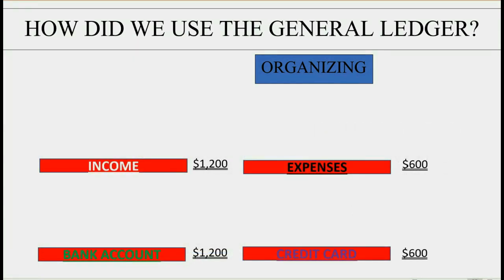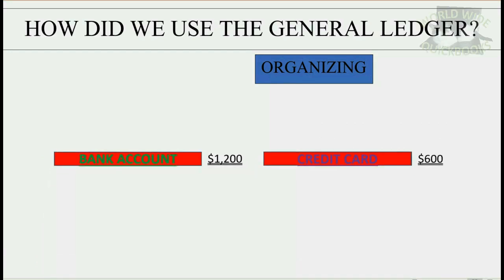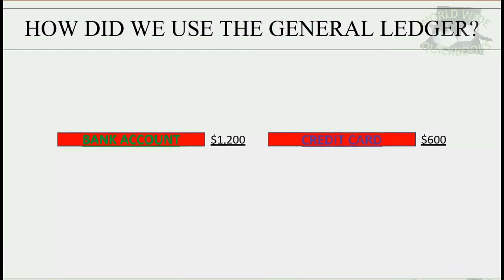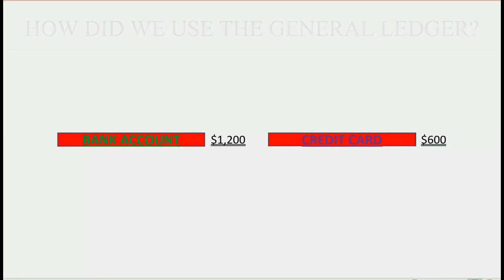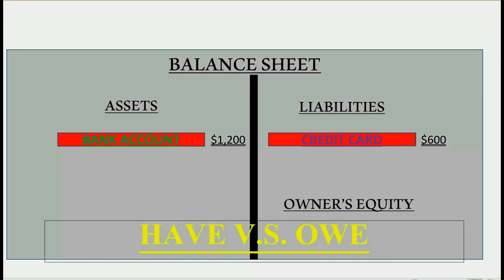And the other numbers that did not go on the profit and loss went on another, different report called the balance sheet. And the balance sheet's purpose is to show you what you have compared to what you owe.